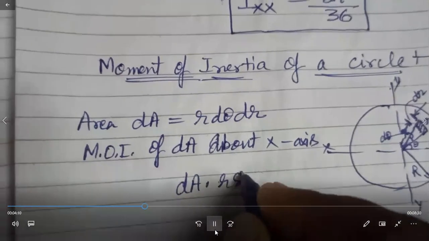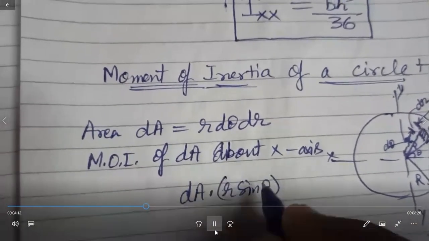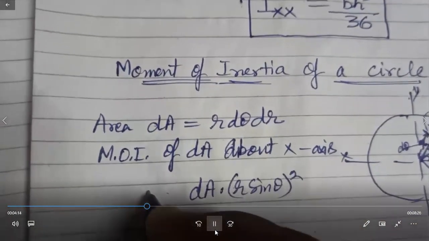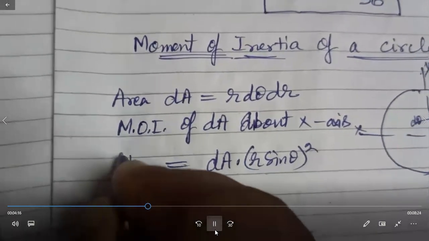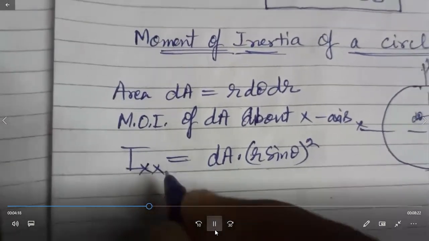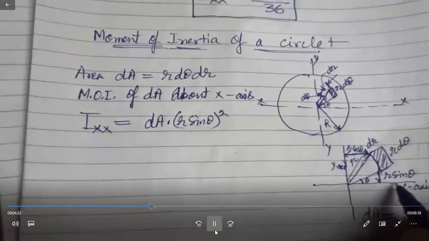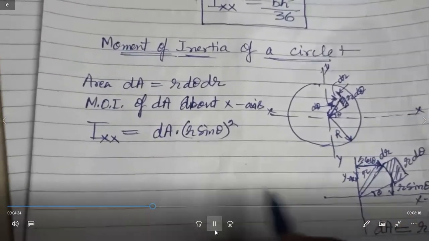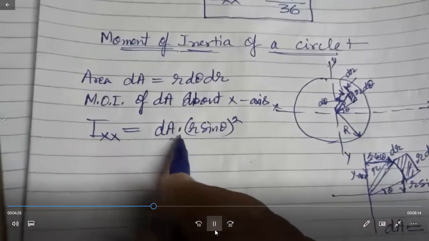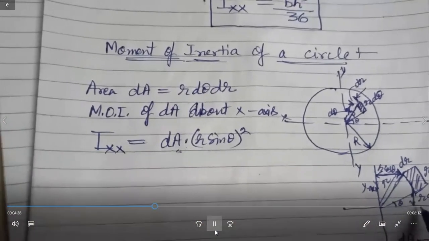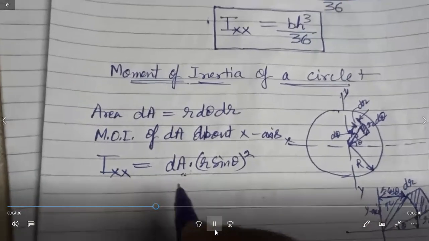So r sine theta whole square. This will be the moment of inertia about the x-axis. About the x-axis, the moment of inertia will be dA into r sin theta whole square.